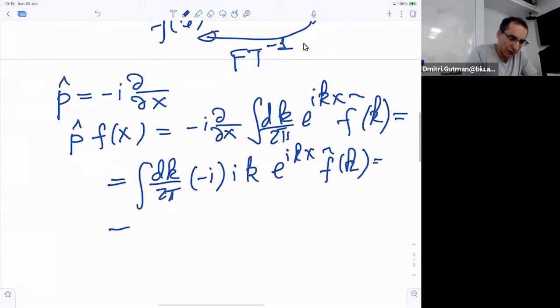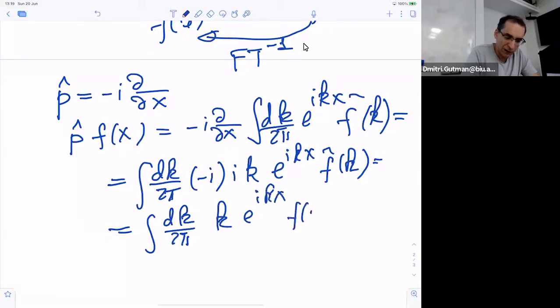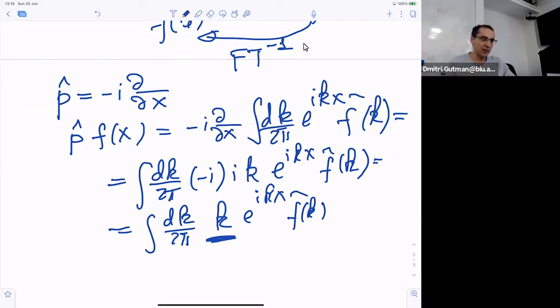So this will be the integral dk over 2 pi times k e to the power ikx f tilde of k. So it produces k, and this is exactly what we expect from the momentum operator. Therefore, we choose this sign such that the operator of momentum is labeled by k rather than minus k. This is the convention that physicists prefer, but you can of course choose an alternative convention.